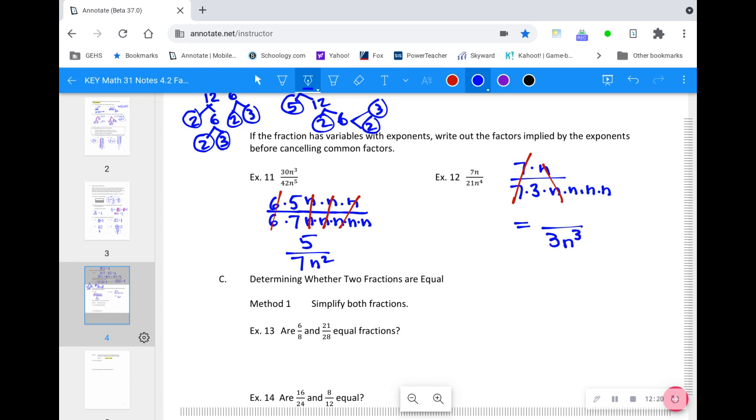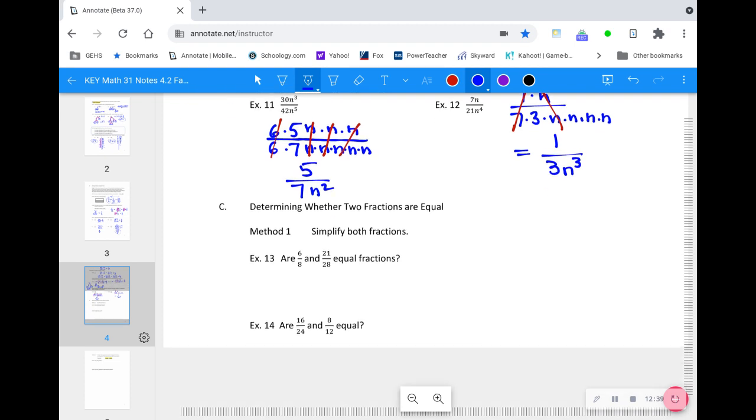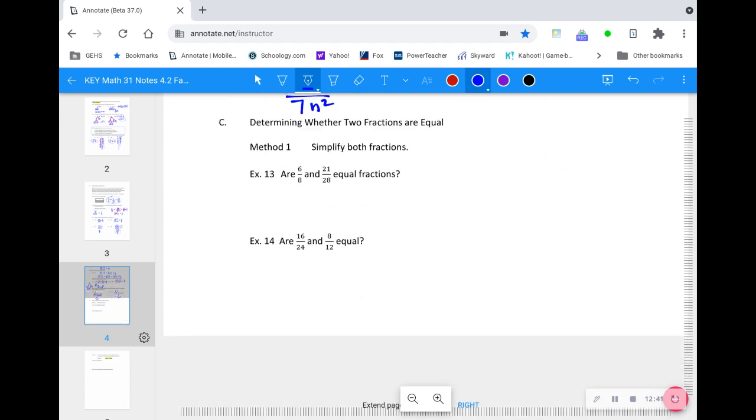Now the top appears to be blank, but you never leave it blank. 7 divided by 7 is 1, so this is actually a 1 here. And n divided by n is also 1, so we have 1 times 1 across the top. So if everything cancels, you're going to put a 1. 1 over 3n to the third power is the answer to that one.